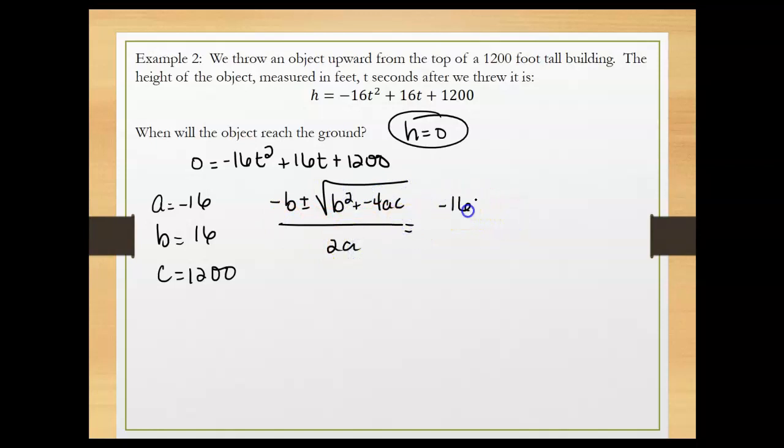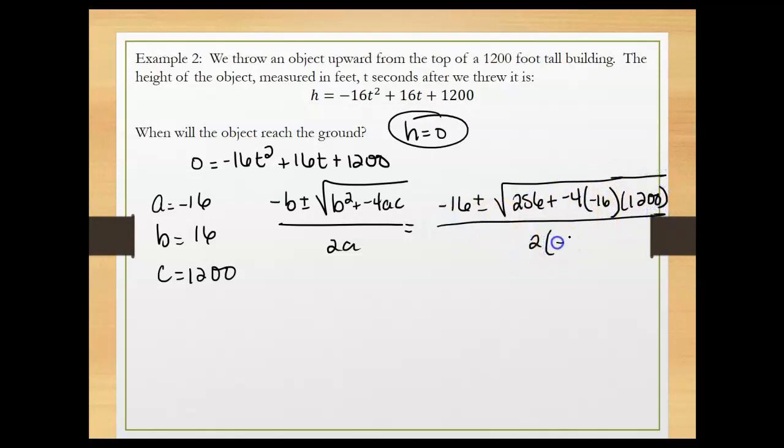Negative b is negative 16 plus or minus the square root. B squared is 256, 16 times 16, plus negative 4 times a times c, all over 2 times a.